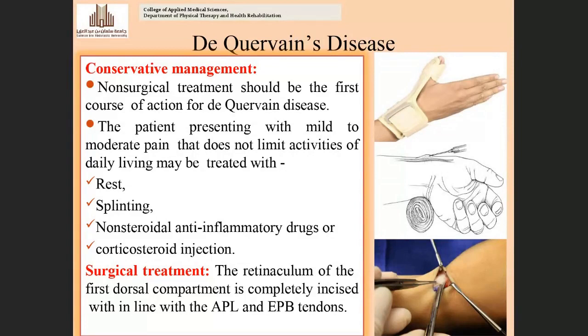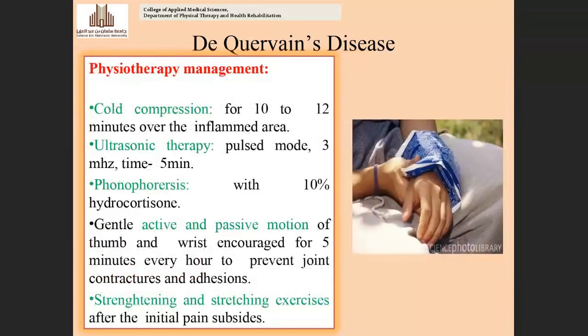The retinaculum of the first dorsal compartment is completely incised in line with the abductor pollicis longus and extensor pollicis brevis tendons. When you come to physical therapy treatment, what are the important lines of treatment? First, apply cold for 12 minutes over the inflamed area, and you can go with ultrasound treatment.